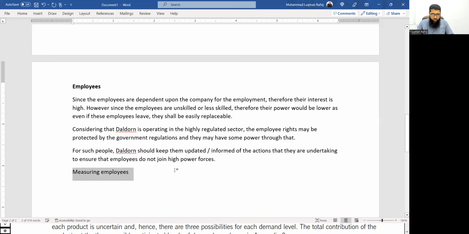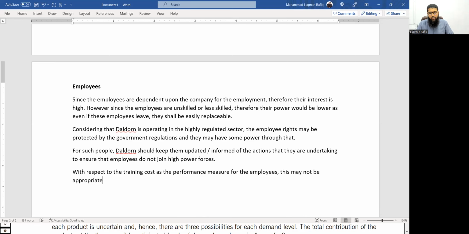With respect to the training costs as a performance measure for the employees, this may not be appropriate considering that high skill employees are not required for the business.